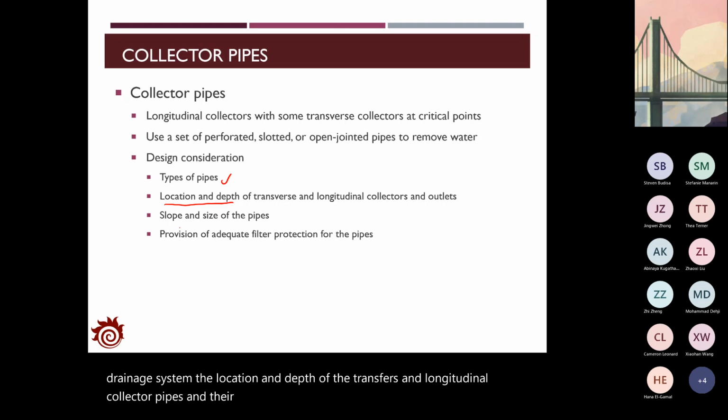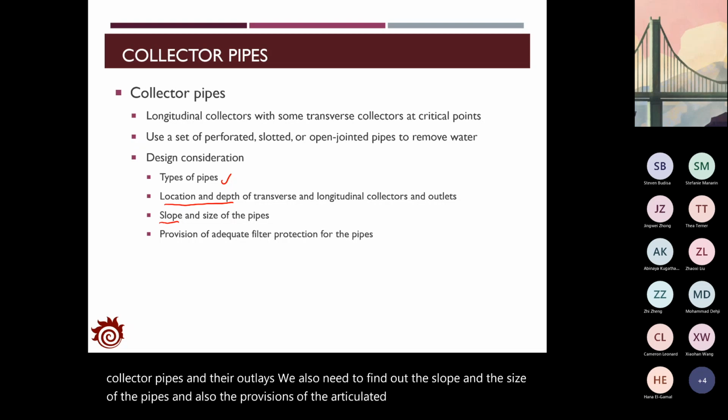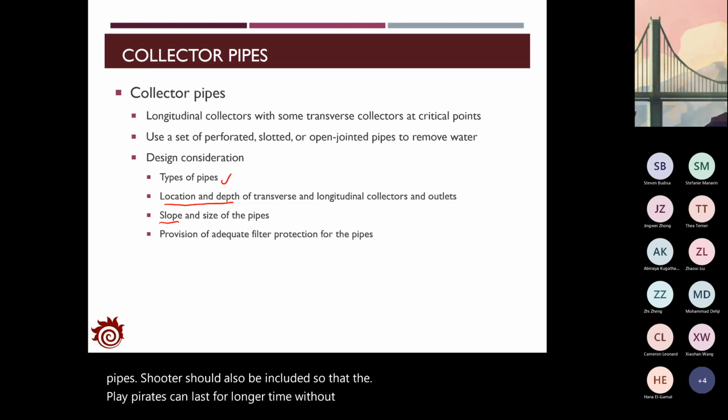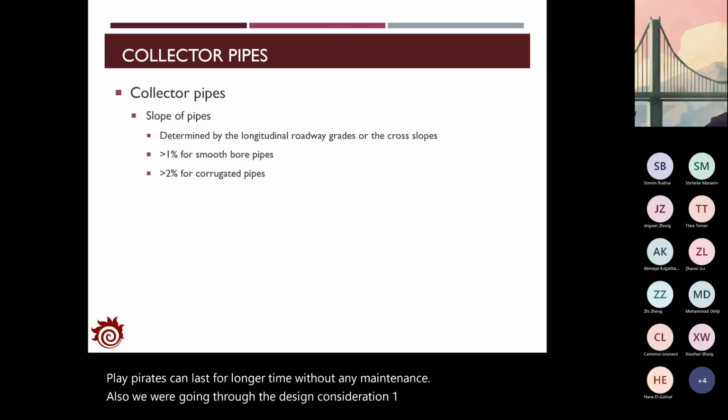We also need to find the slope and the size of the pipes, and the provision of adequate filters to protect the pipes should also be included, so that the pipes can last for a longer time without any maintenance. So we will go through the design considerations one by one.